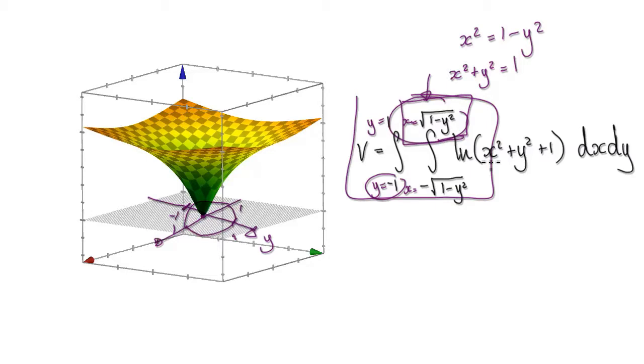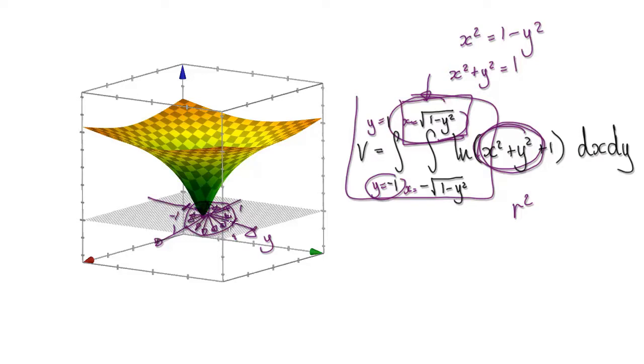So we need to convert this into polar form, because look, x squared plus y squared, when you convert it to polar form, would just be r squared. You're scanning from an angle of 0 to an angle of 2 pi, and the radius will always be 1.